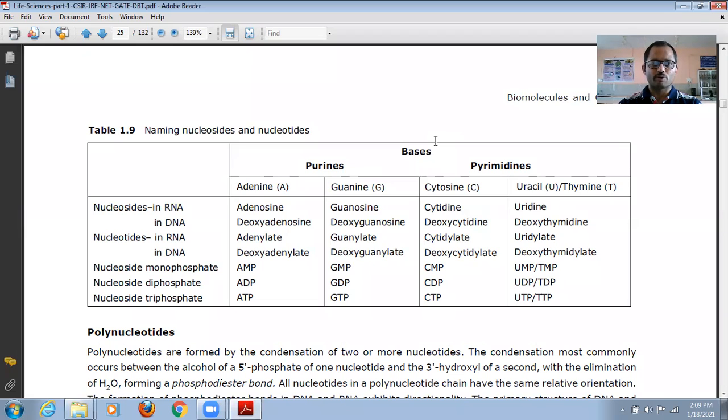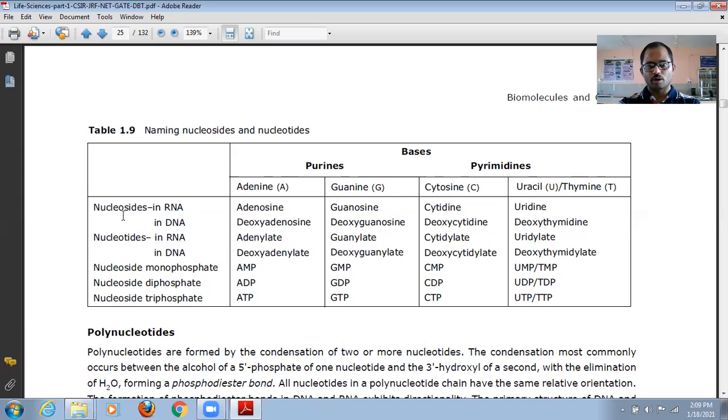So it is very important to understand the basics of nucleic acid, that is, which kind of monomers are involved in the formation of nucleic acid. On your screen there is one table which explains the information regarding the nucleotides.